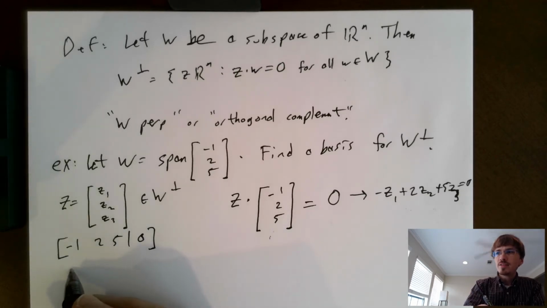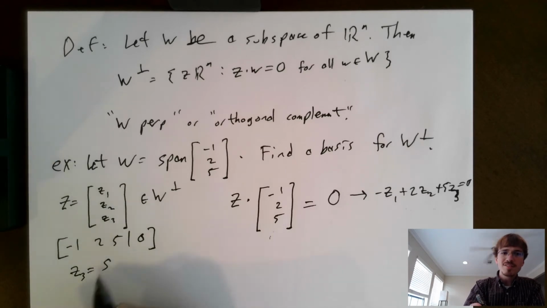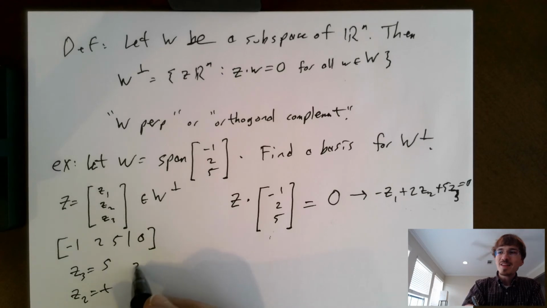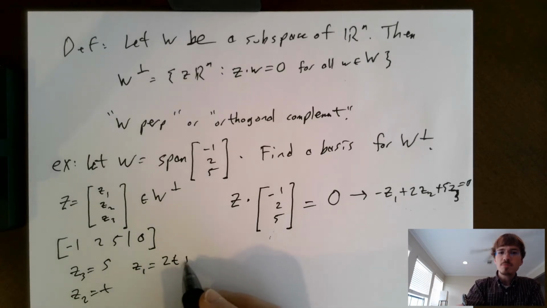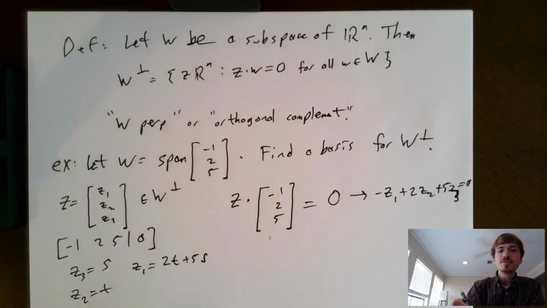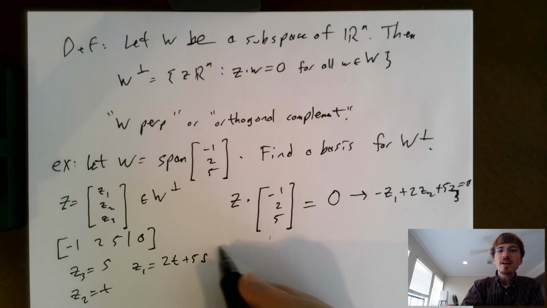So we know that Z3 is equal to S. Let Z2 be equal to T. And Z1 is, of course, 2T plus 5S. And so what do we have?